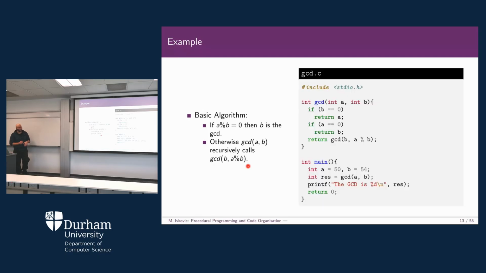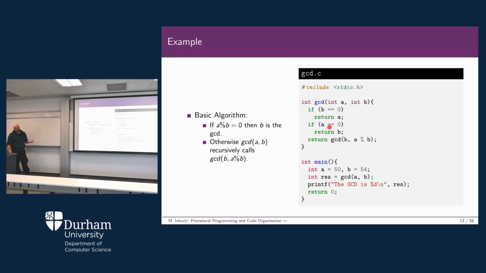It's not very tricky to derive how it works. But let's look at our implementation. So here's our code. GCD, we have integer a and integer b as parameters, and the very first thing we do is the termination criterion. So if we end up with b equals 0, we return the other value.